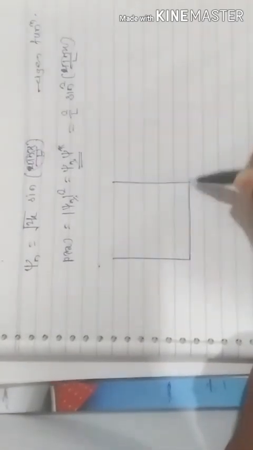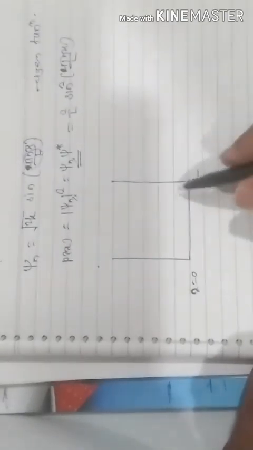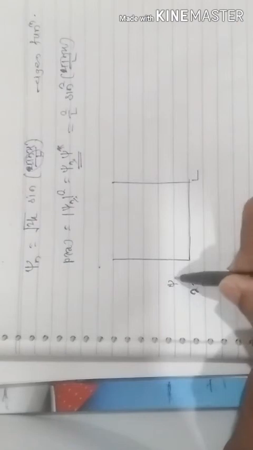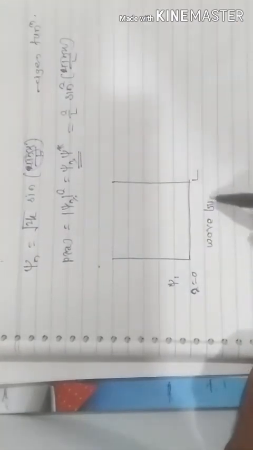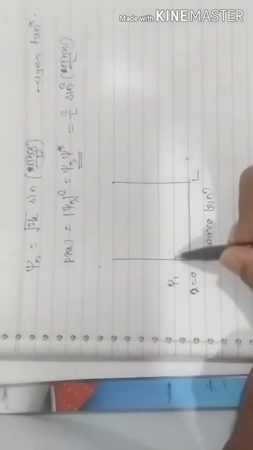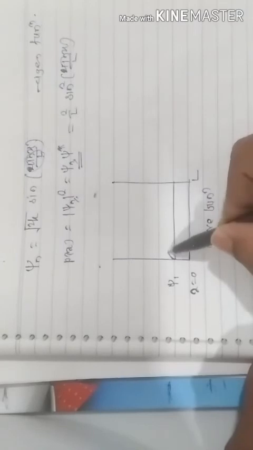The particle is within the box, so x is 0 to x is L. So this is psi 1, the first wave function, and it looks like this.